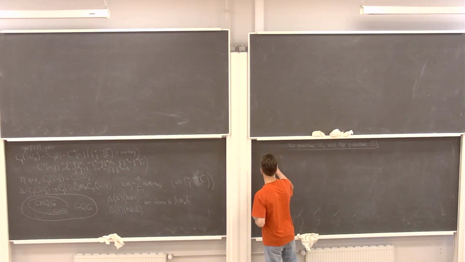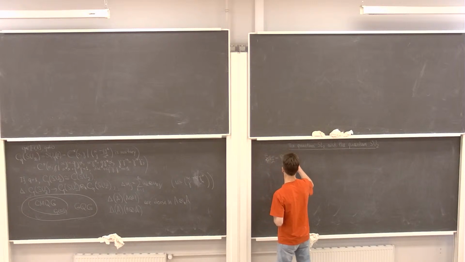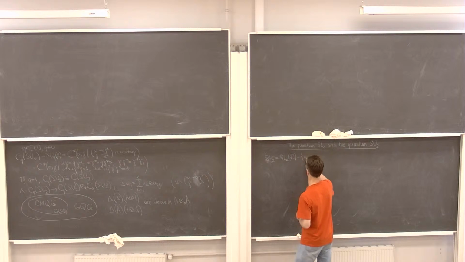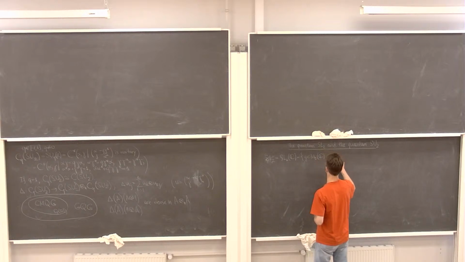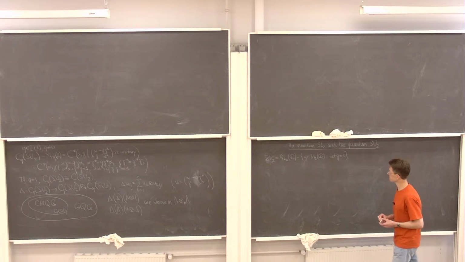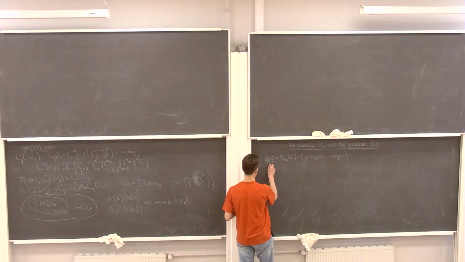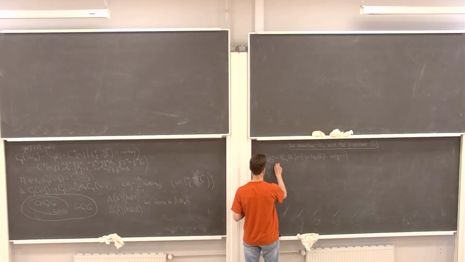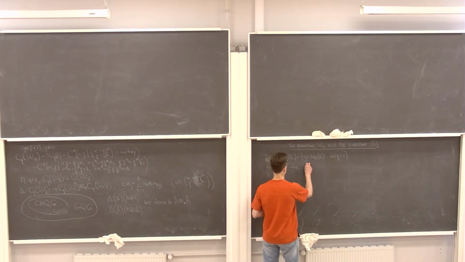So SL2, we always mean SL2 over the complex numbers. This is the group of all complex 2x2 matrices of determinant 1. Let's look at the following self-map, sigma from SL2 to itself, given by the following formula.